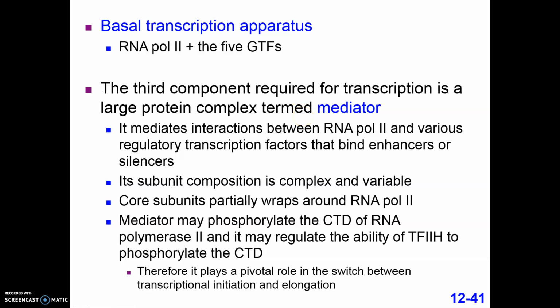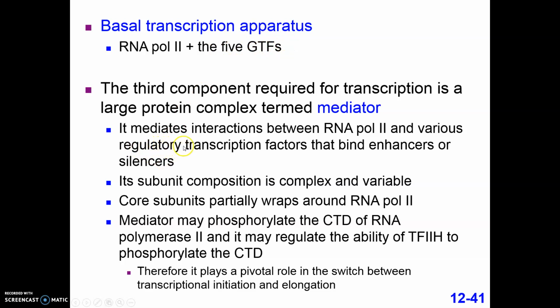There are different members for different genes when it comes to the mediator complex. As it suggests, it mediates an interaction between the RNA polymerase and all of the regulatory transcription factors. These are not the general transcription factors that we see up here.